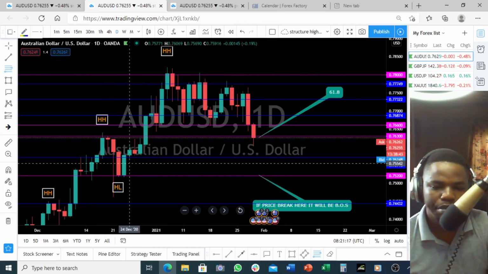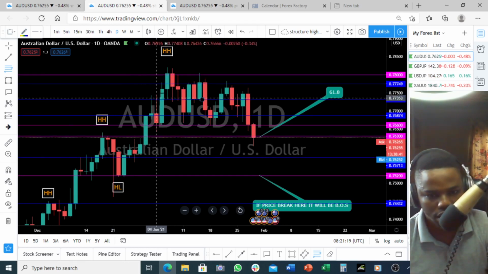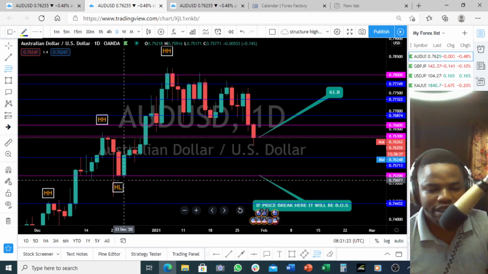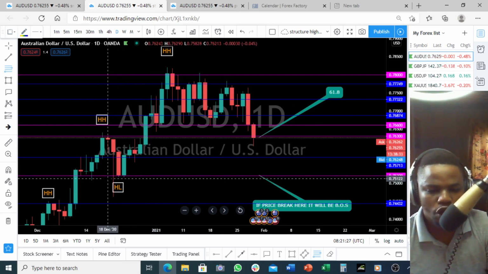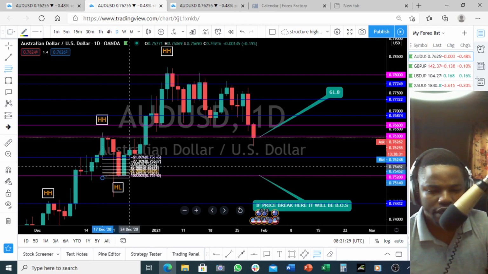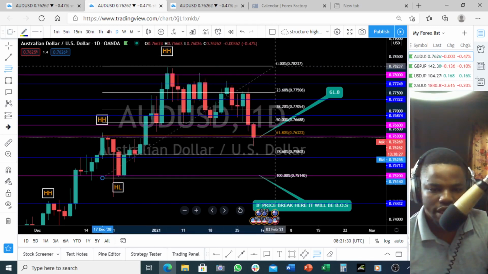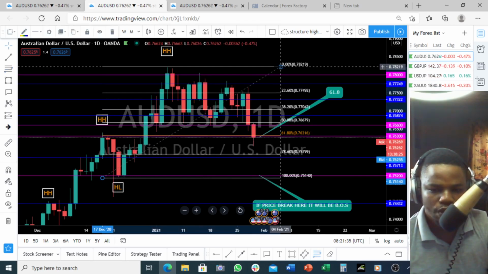Because we are marking a bullish leg, what is it that we are going to do? We'll try to check a bullish wick. We'll mark it from a lower bullish wick, this wick right here, to the highest bullish wick.